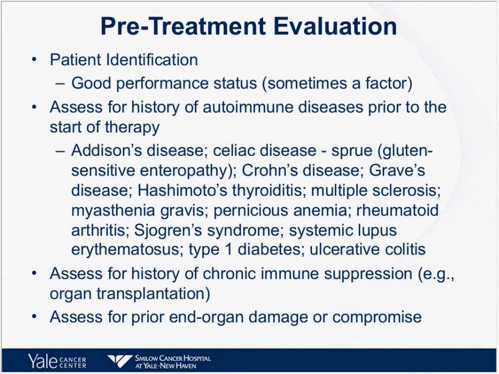For patients, for instance, that have had organ transplantation and are on chronic immune suppression, we do not have data at this time to really demonstrate the effect or the risks of treating patients that are on these suppressant agents. Also important to assess for prior end organ damage or compromise.